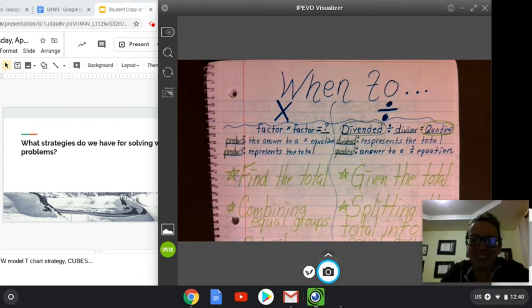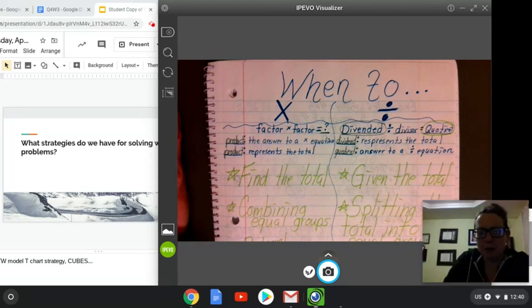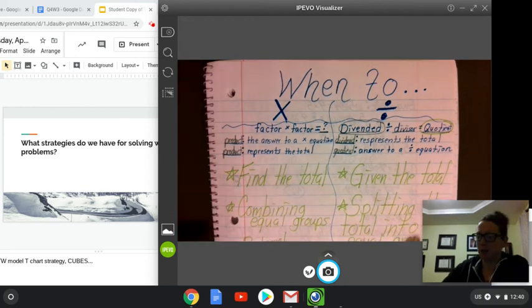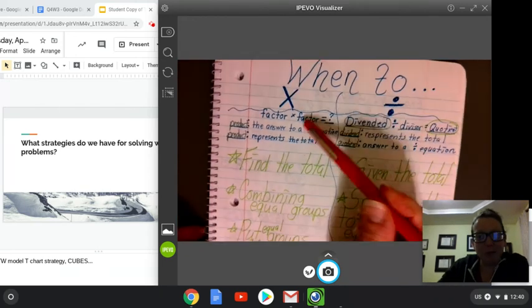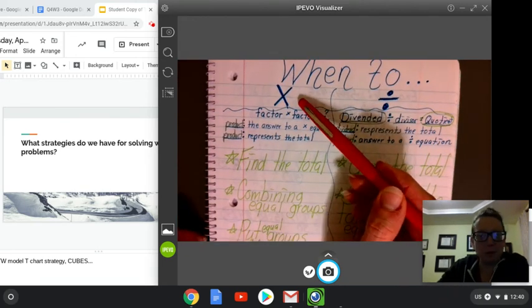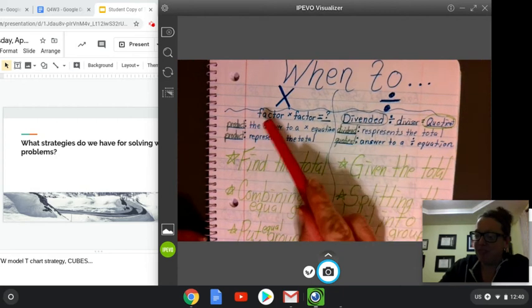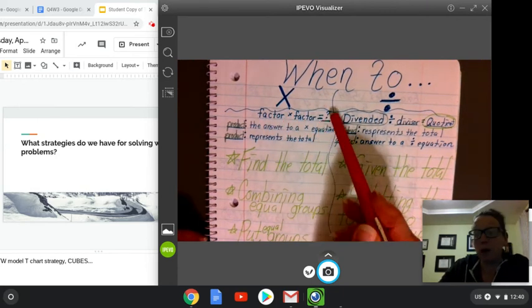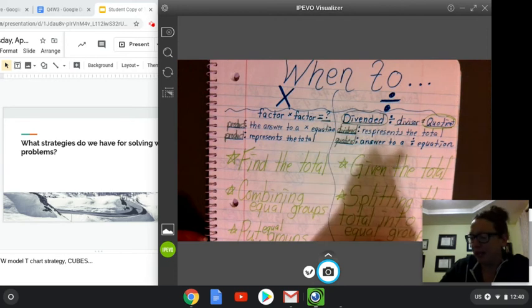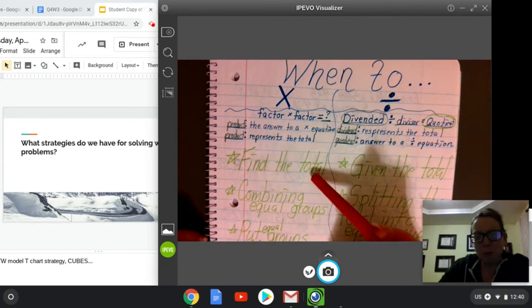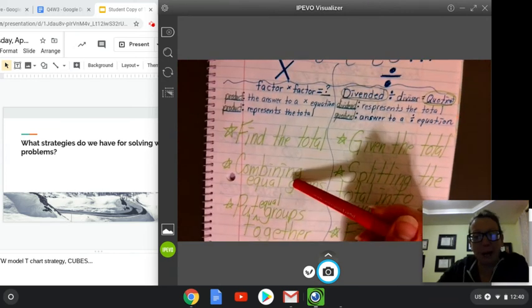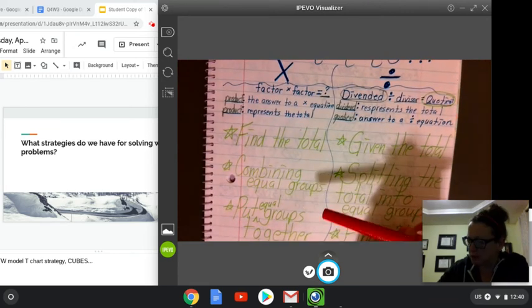So yesterday we started our lesson on reviewing multiplication and division strategies. So we looked at when we're multiplying, it's a factor times a factor will give us a product, our total. And that's when we're trying to find a total, is when we're multiplying, we're combining those equal groups.